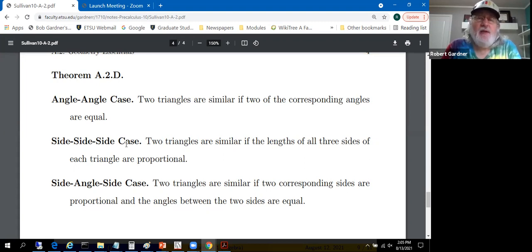Side, side, side. All right, so here we're talking about sides being in proportion. Two triangles are similar if the lengths of all three sides of each triangle are proportional with the same constant of proportionality. For example, we dealt with a triangle a while ago, had sides of lengths, I think it was 4, 5, and 7.